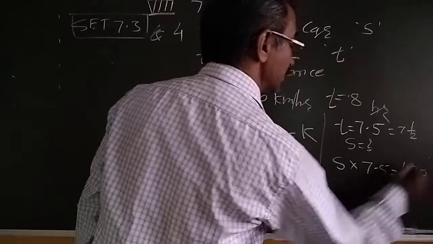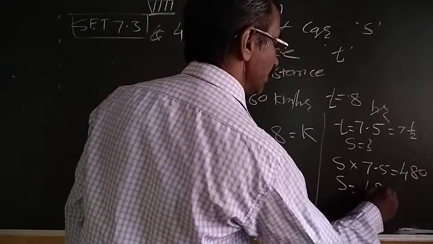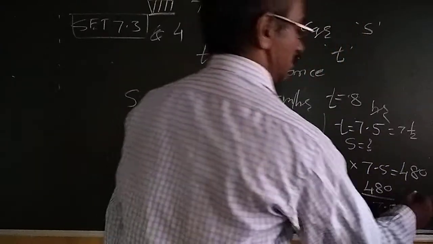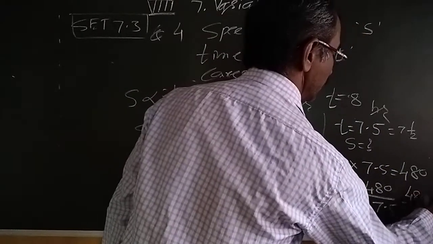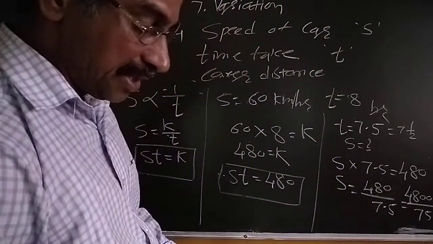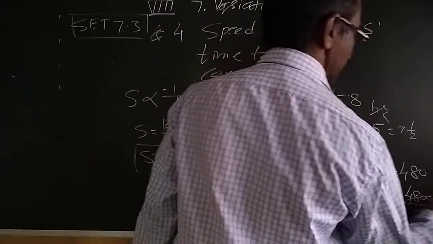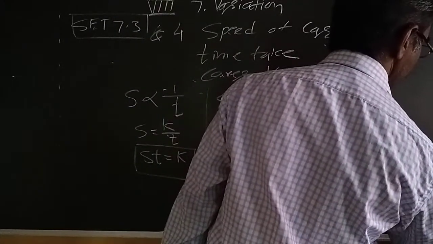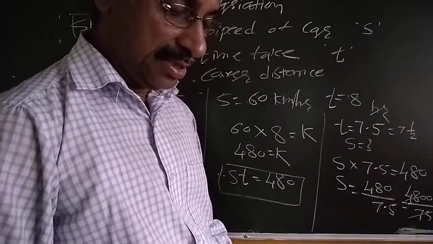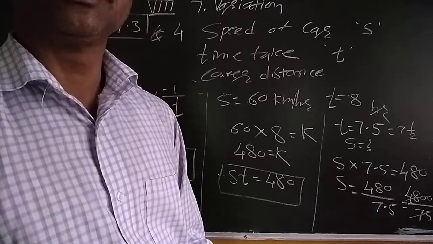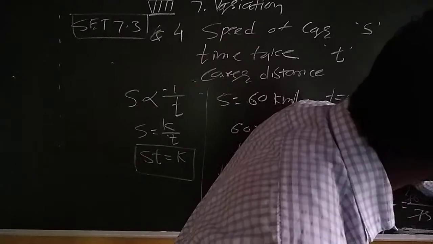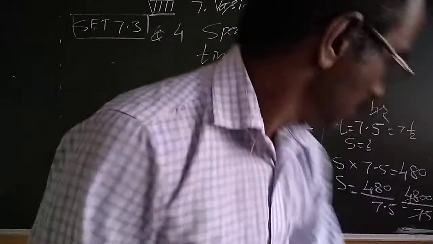Therefore, S is equal to 480 divided by 7.5. By solving it, we remove the decimal point by adding a 0. So we will get the value of S. Sorry, it is not 4, it is 64 km per hour.